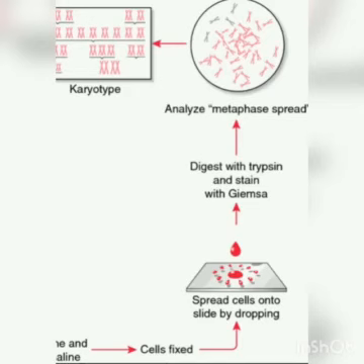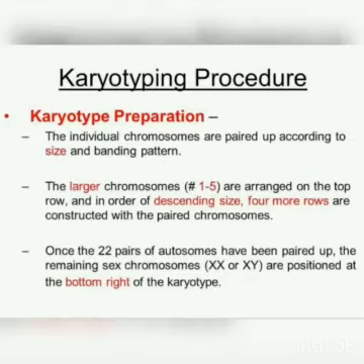In the metaphase stage, the cell division is arrested, and the suitable spread of metaphase chromosomes is photographed. The individual chromosomes are cut from the photograph and are arranged in an orderly fashion in homologous pairs. This arrangement is called karyotype.